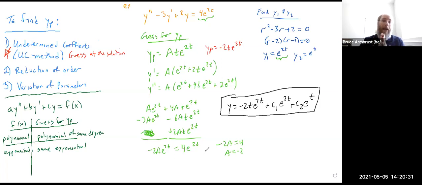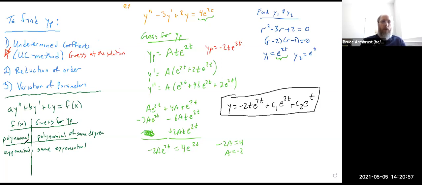When the suggested form, like over here where I'm making my chart and I've got my guesses, has the fundamental set in it, we're going to have to multiply by t's. I'll come back to that in a second. We'll formalize that a bit so you know when to multiply by t and how many t's.